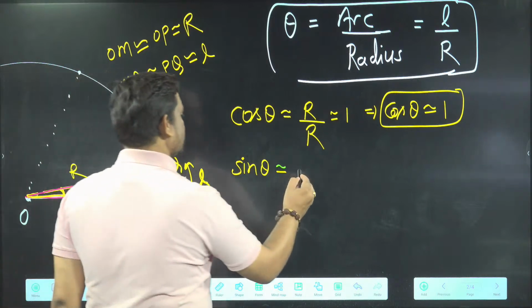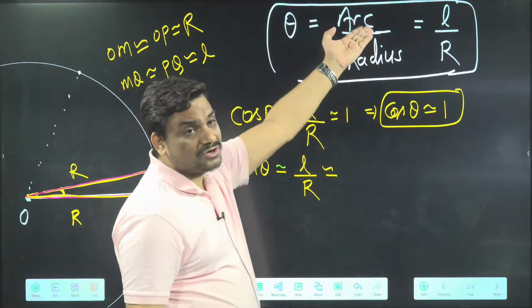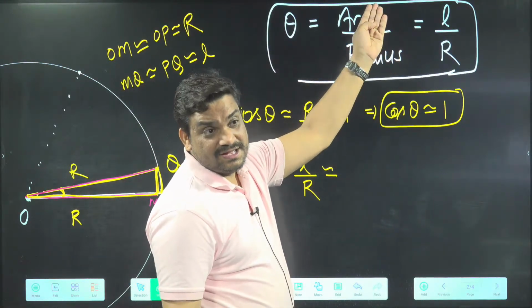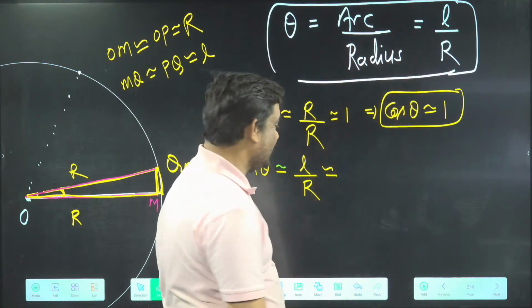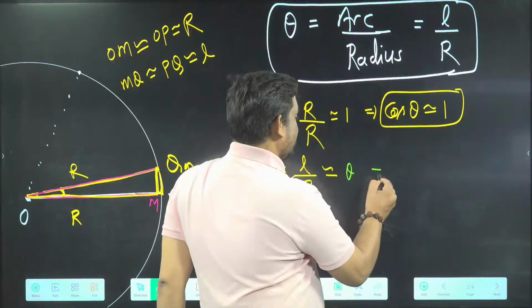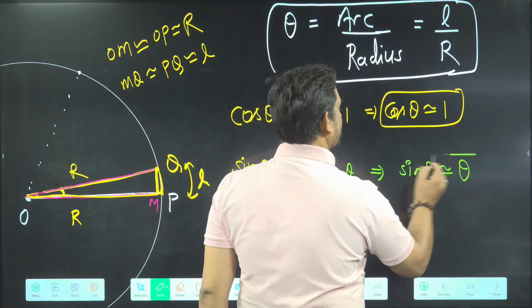So we can write this becomes L by R. But you know what L by R is? L by R is written here, that is equal to theta. So we can write directly that sine theta is equal to theta. Sine theta equal to theta.